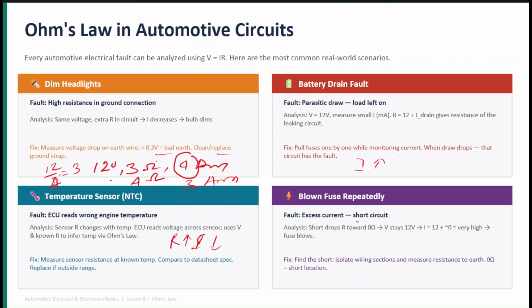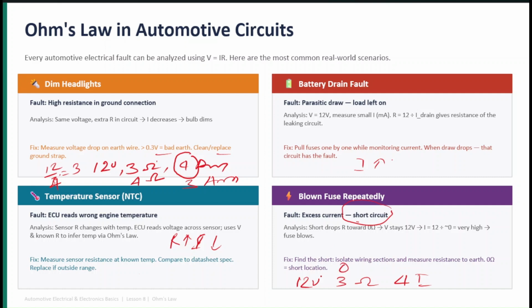We have considered a circuit which has 12 volt and a bulb of 3 ohms, then the current would be 4 ampere. We already learned that. Now, if there is a short circuit, which means this resistance will become 0.